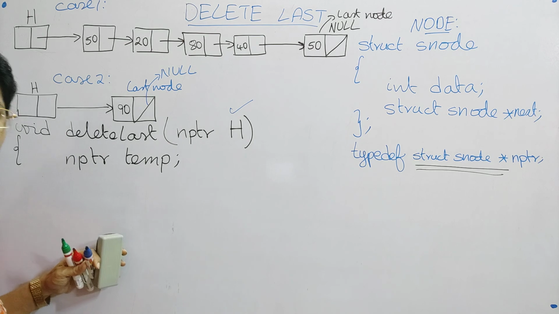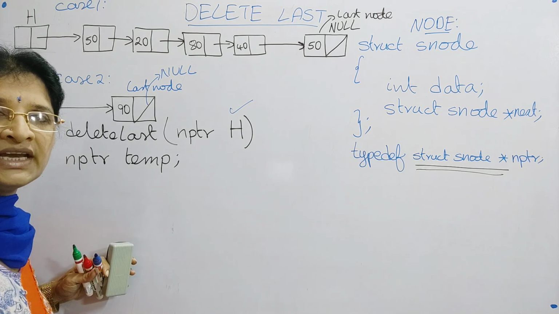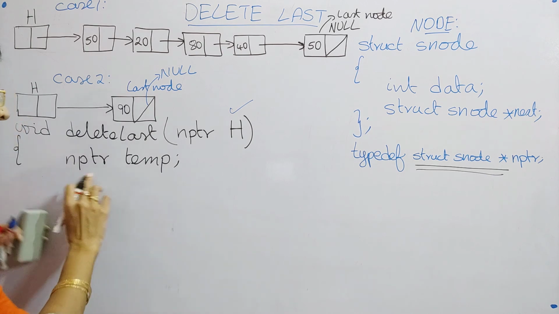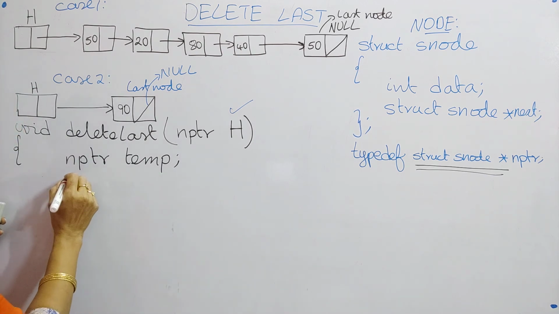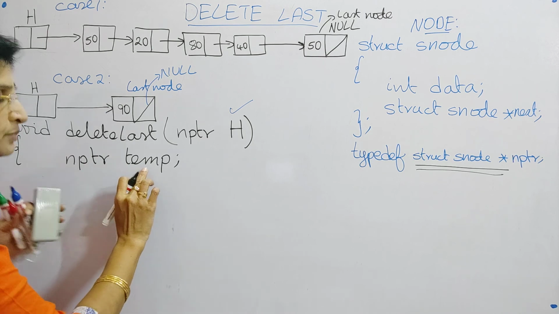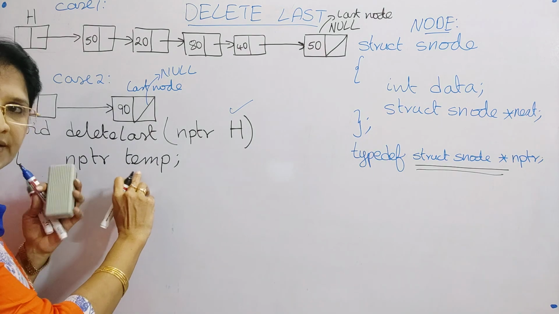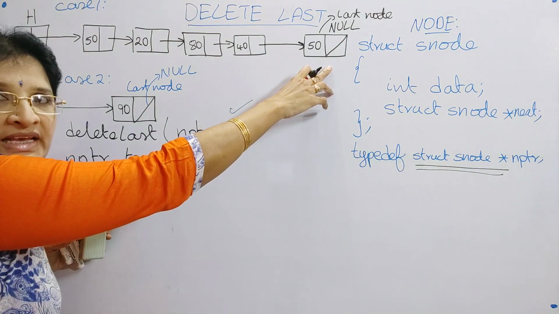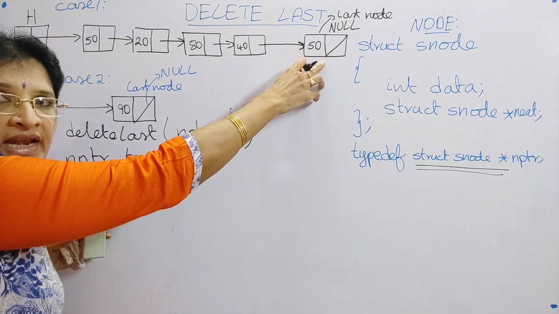So my node name is temp, nptr temp. Now first of all I have to place the temp node at the last location.